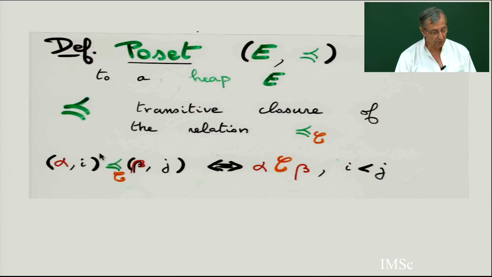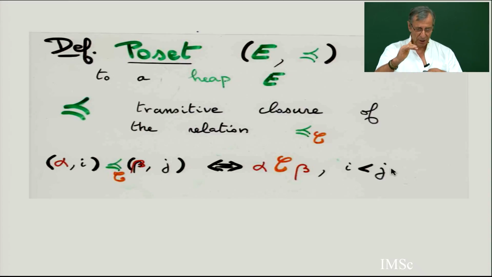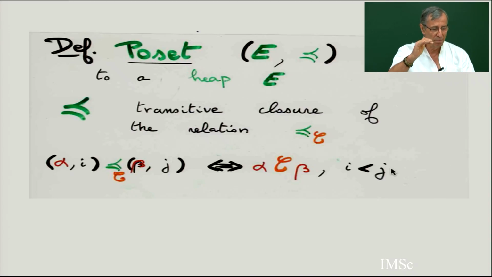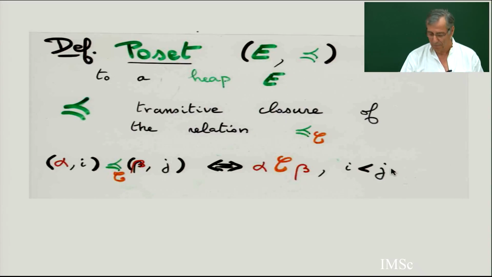Two elements of the heap are in relation if and only if their projections alpha and beta are in dependency, and the level of the first one is less than the level of the second one. If you have two pieces, the second one a level above the first, and the projections are in dependency, they are in competition, then you are sure that the second piece was put after the first one.